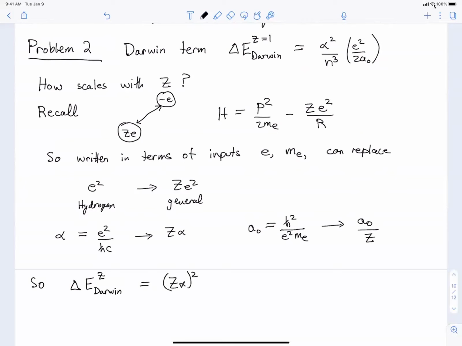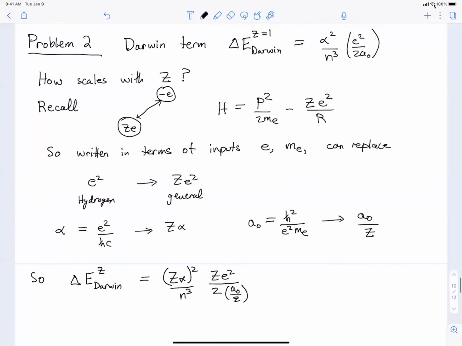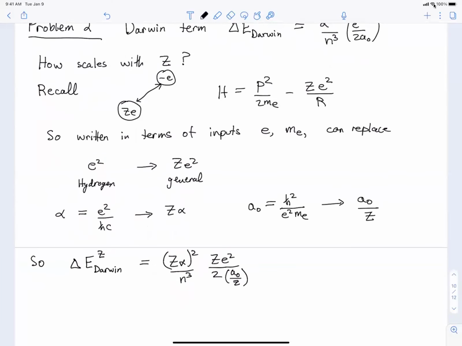And e squared gets replaced by Z e squared. And the Bohr radius gets replaced by the Bohr radius over Z. And then we can keep track of the n cubed. Okay, and so if we count up all the Z's, this is proportional to Z to the fourth.